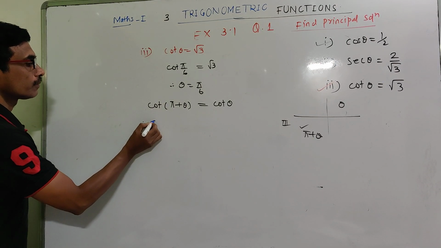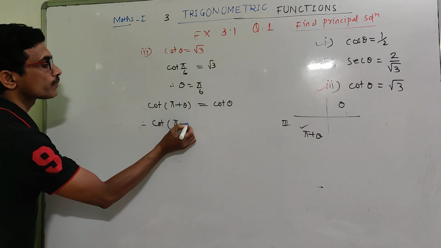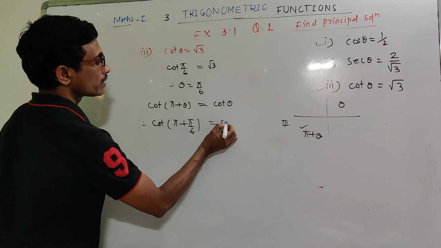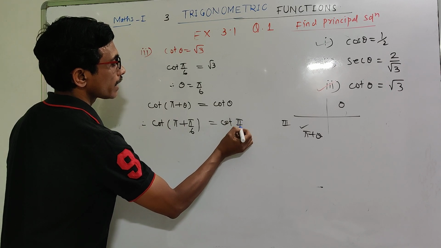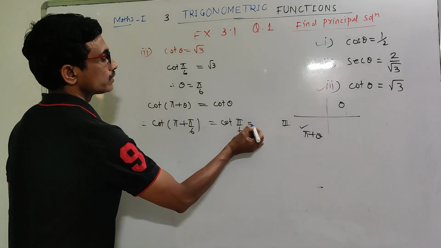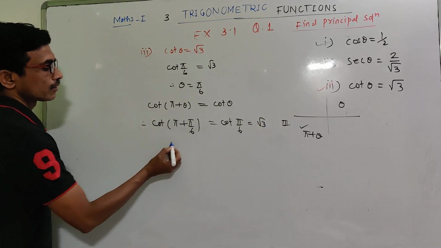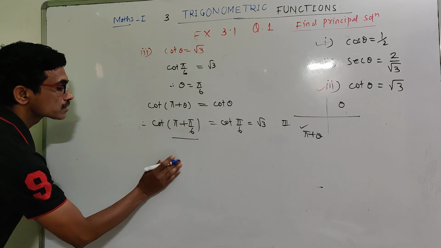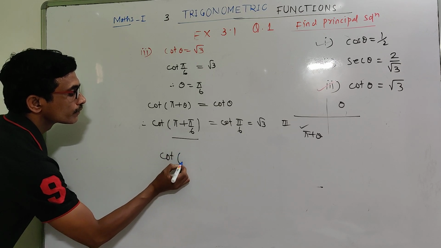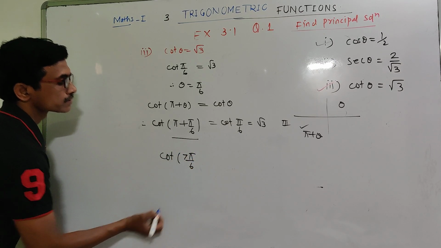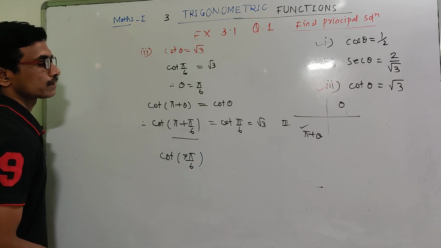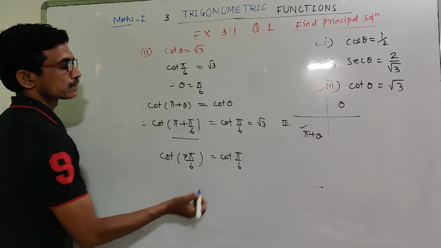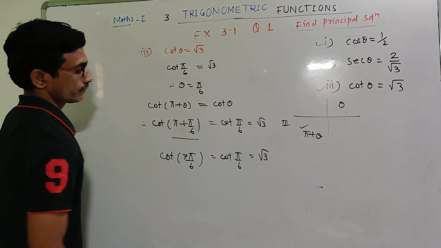Therefore cot of pi plus pi by 6 is equal to cot of pi by 6, and that is equal to root 3. After simplifying, this is 7 pi upon 6. So cot of 7 pi by 6 is equal to cot of pi by 6, which is equal to root 3.